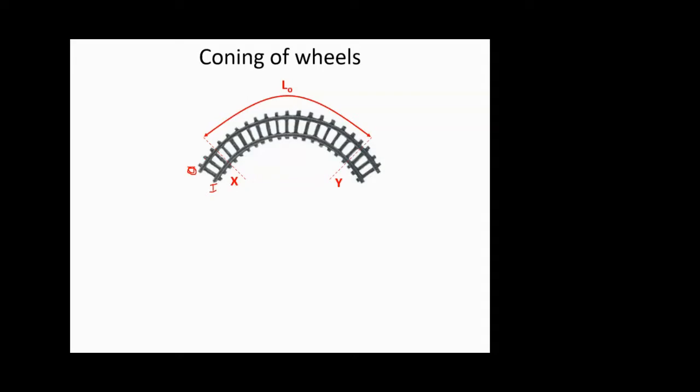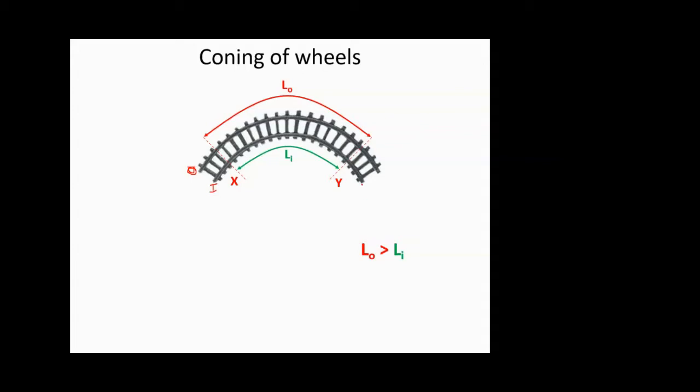So considering that the length of this outer rail in this section XY will be L naught or L0, whatever you can say. And in the same section, the length of this inner rail will be Li. Now, just by looking at this picture itself, you can guess that obviously the length of the outer rail will be greater than the length of the inner rail, for this section XY.